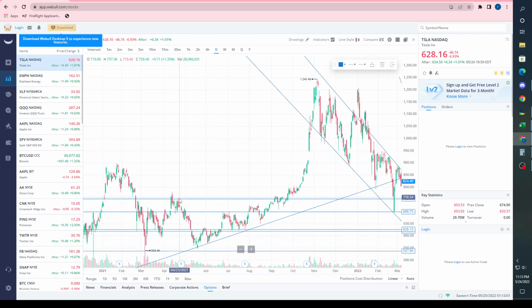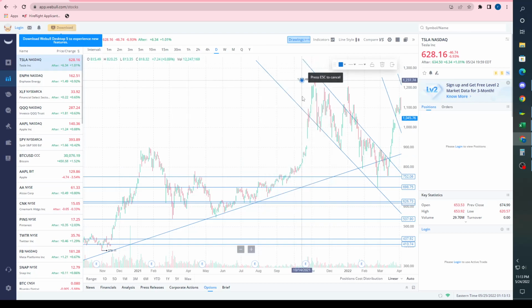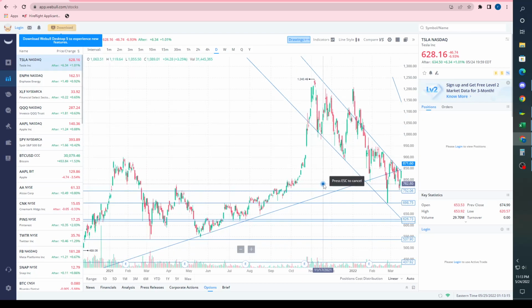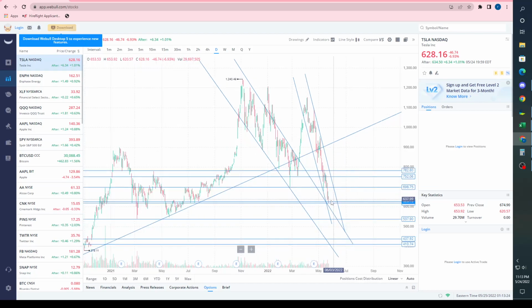So kind of like right here. This was a resistance area, and once we really broke past this area, that's when we saw that takeoff happen. We could possibly break slightly over that to this level right around 782. So that's the upside potential that I'm seeing.